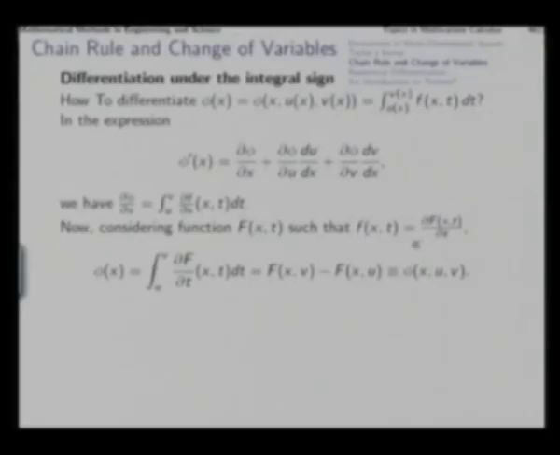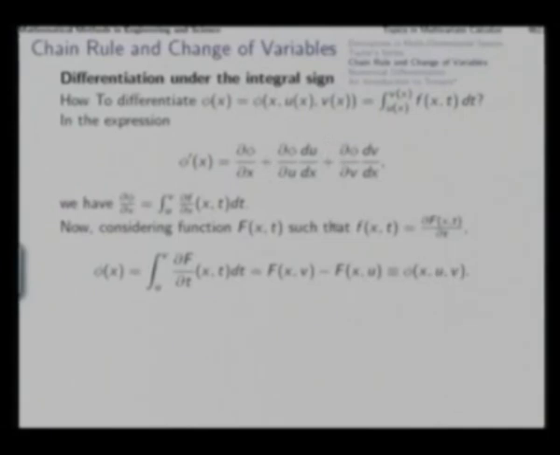If we put del F by del t, then we get this, and the integral of that is capital F of x, t evaluated at v minus evaluated at u. Now, this whole thing is the corresponding function of x, u and v. If we differentiate this partially with respect to u and with respect to v, we get these two partial derivatives.